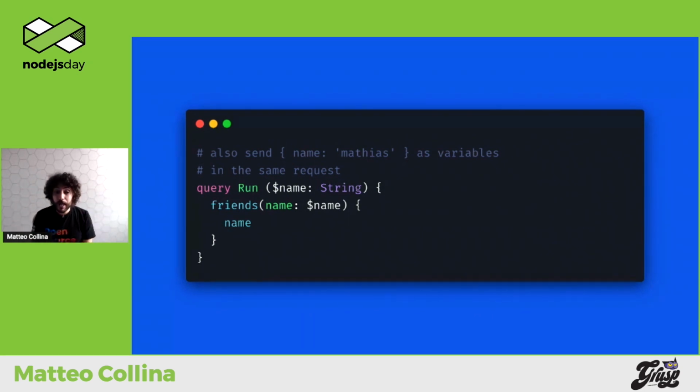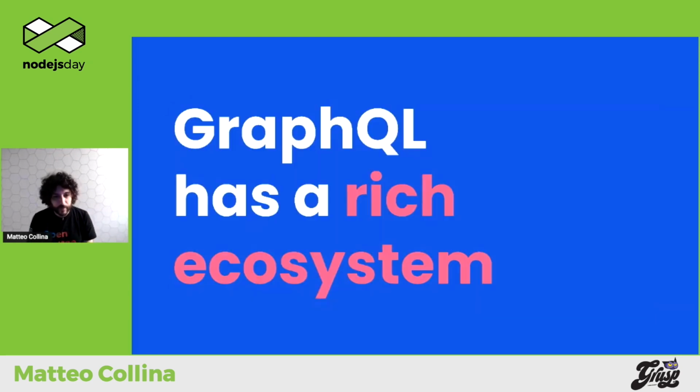This is great because you can make sure that you keep the same text and you don't concatenate things and so on and so forth. Normally, this leads to more secure code, so it's a good habit. So don't concatenate your strings, but use variables instead.